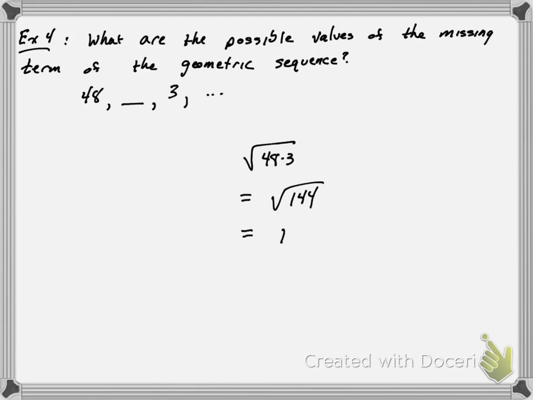Square root of 144 is 12. Now again, what's going to be the answer? Could it be 12? Sure. But remember, when we take the square root, it could really be plus or minus 12 because you don't know. If it's negative 12, obviously your r is negative, so that can get you the positive 3, but it also could get you positive 3 if your r is positive. So my answer here is plus or minus 12.